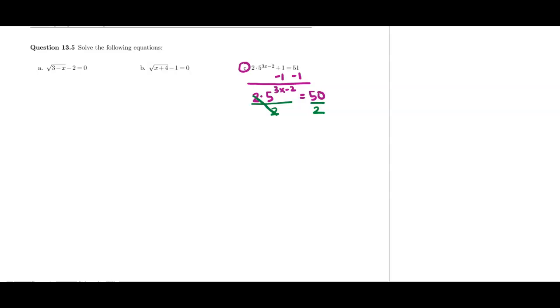All right, so we have 5 to the 3x minus 2 power equals 50 divided by 2 is 25. Okay, now these bases are not the same, but can I make them the same? How could I rewrite 25 so it has a base of 5?